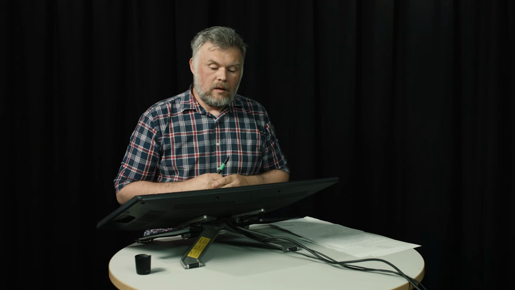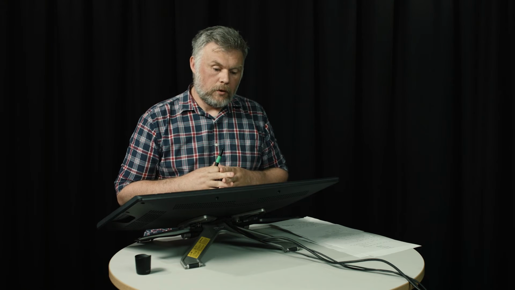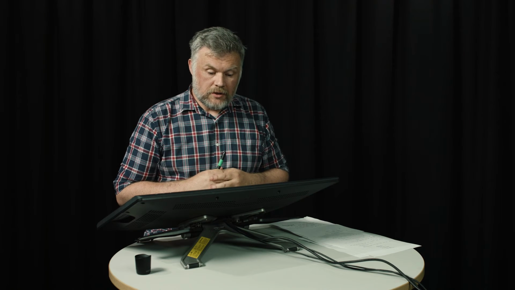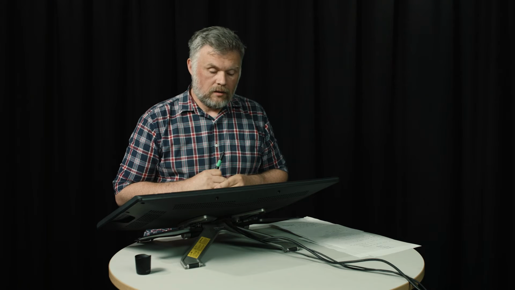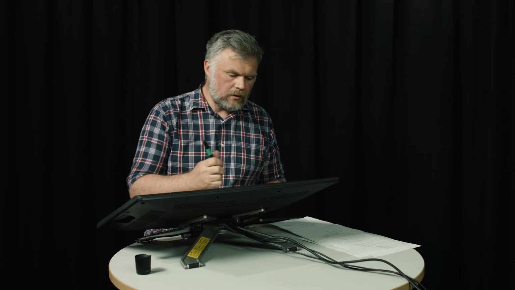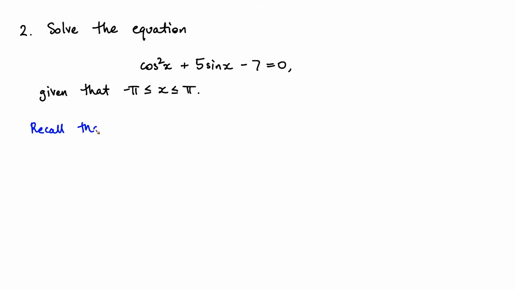But now we have to start thinking about our trig identities. And anytime you're dealing with a question with a trig function, most of the time, you have to recall one or more trig identities. What we're going to use for this question is probably the most important trig identity of all, and that's the identity that cosine squared plus sine squared is always 1. So let's start by recalling that cosine squared x plus sine squared x equals 1.